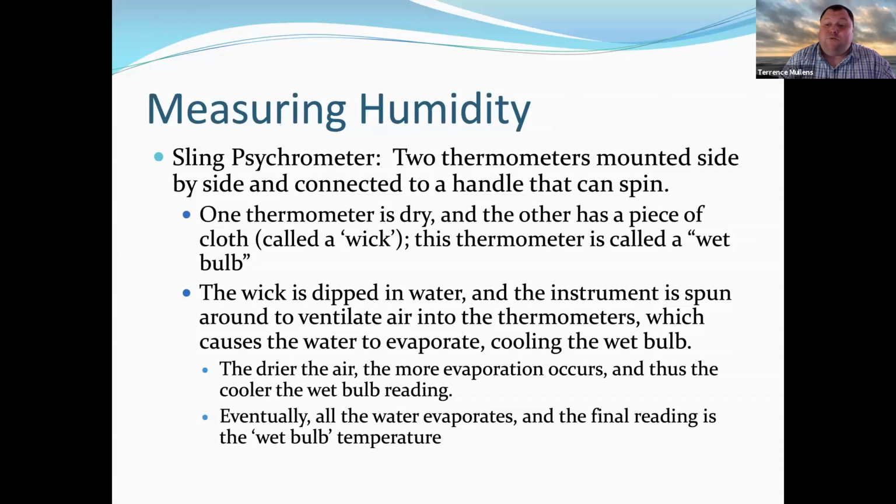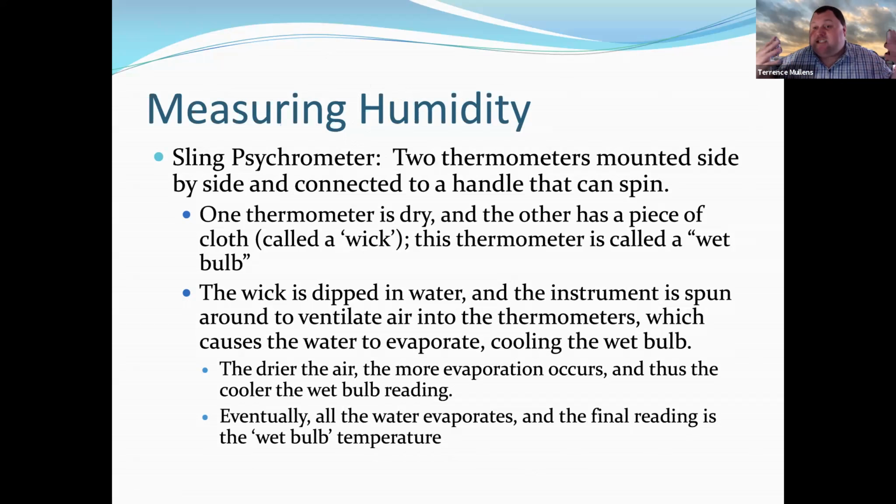That causes the moisture in that wick to begin to evaporate. Well, who can remind me from last week, what does evaporation do to the atmosphere? All right, a few people have said things in chat. Yes, it cools the atmosphere.